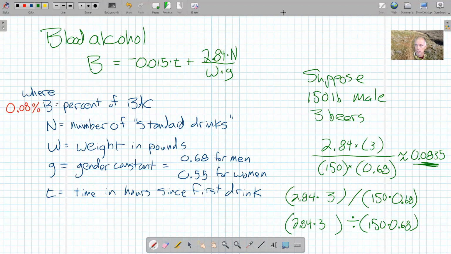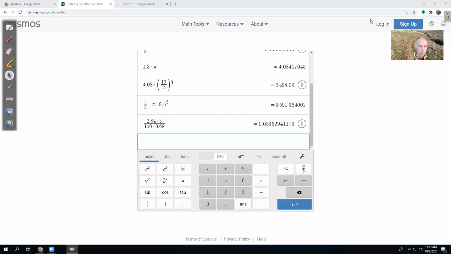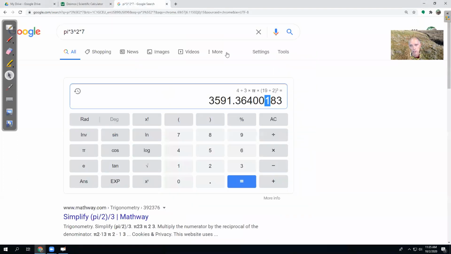All right, let's check on another calculator, make sure we got this right. So Google Calculator. Google Calculator does not do fractions, so I have to do parentheses for the numerator, 2.84 times 3, end the numerator with a parenthesis, divide to start the denominator with parentheses, 150 times 0.68 was the other number.